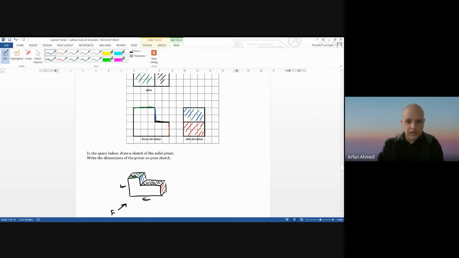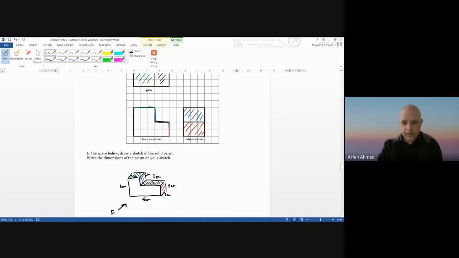And don't forget, because you have to write down the dimensions as well. I've done 4, I've done 5. What was this one? This was 1, 2, 3 this way. This is a height of 2. This has got 2 as well. That's got a height of 2 for the blue bit.